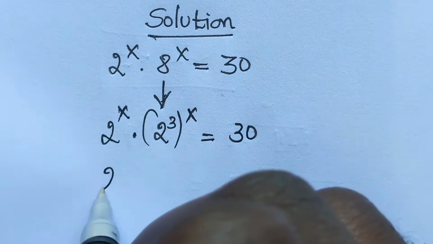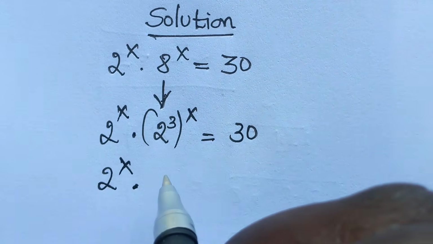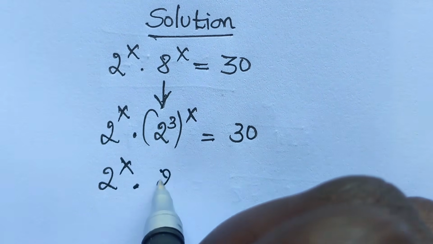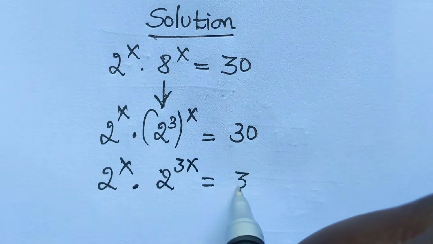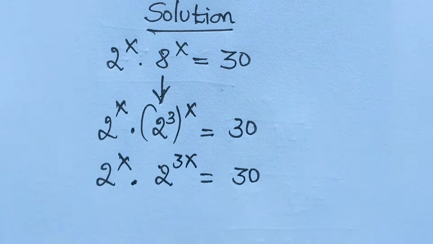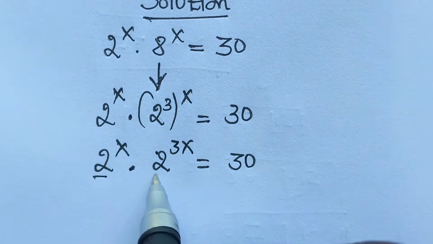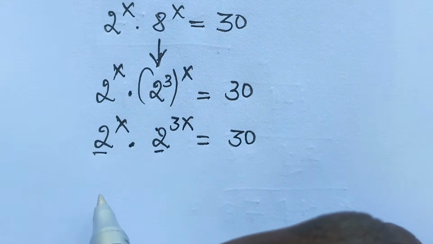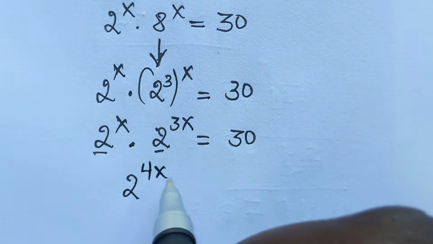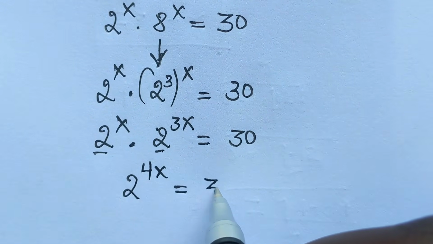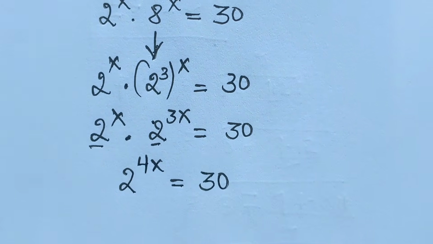And of course you have 2 power x times 2 power 3x, which equals 30, right? Because we have the same base, to mean that power, I have to add them. Once we are multiplying them, we have 2 power 4x equals 30, right?